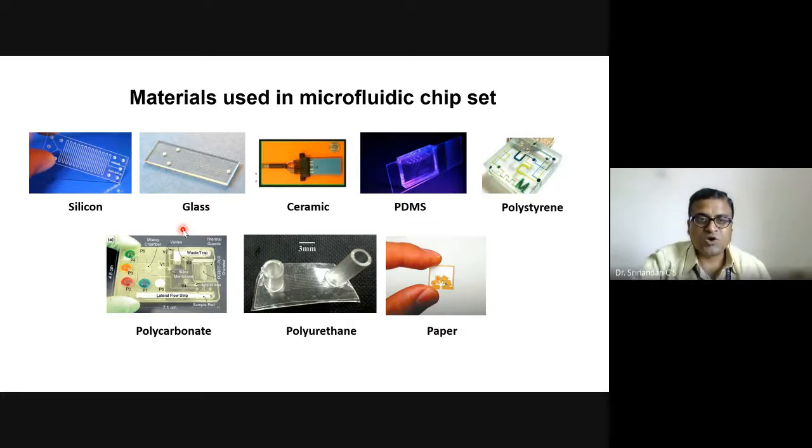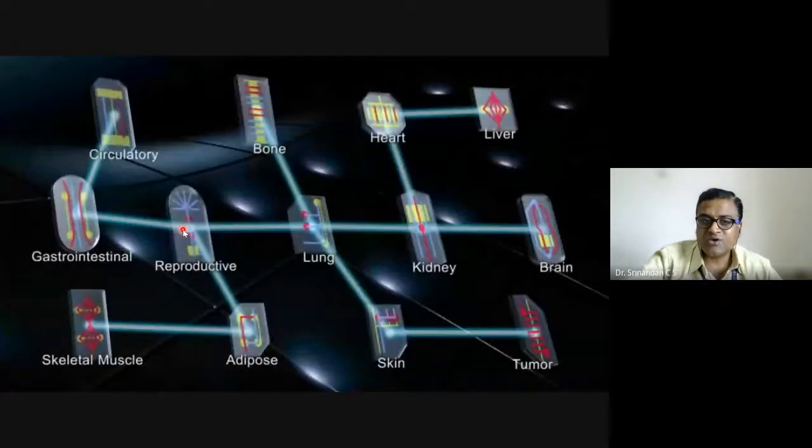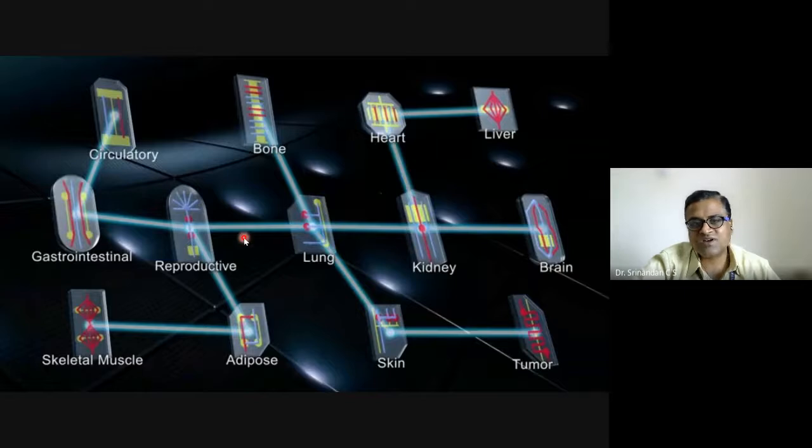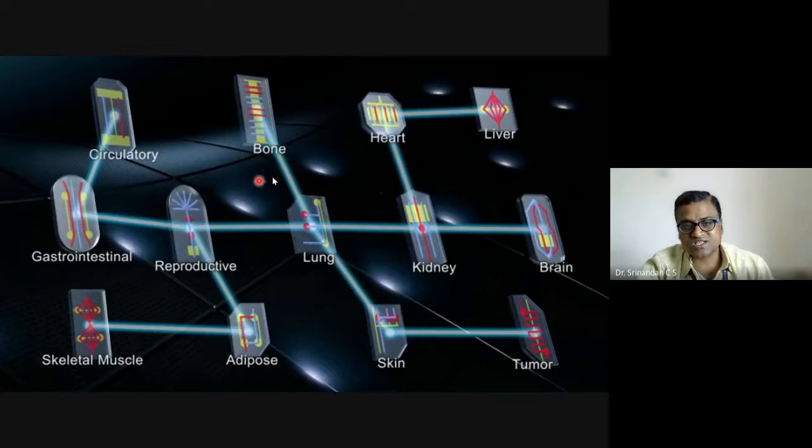Or you may also take any somatic cell and grow it over there. You can take the cells and all the cells can grow in one chip itself, or in different chips if you want to test individually. The whole cells can be grown in the chip itself.